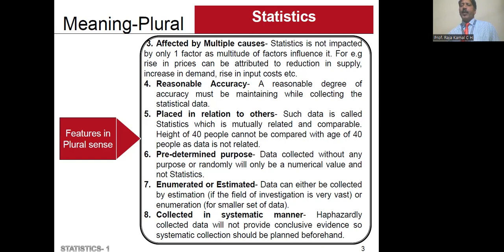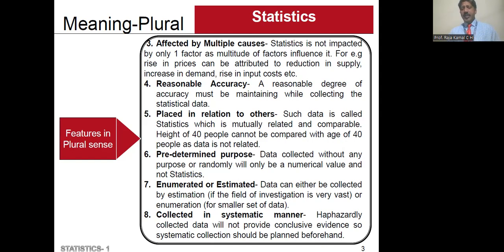I want to know which student is performing well. I want to know the age of the students, and who has taken admission in a particular college or a particular place. It is completely a predetermined purpose. Data will be collected based on a predetermined purpose.